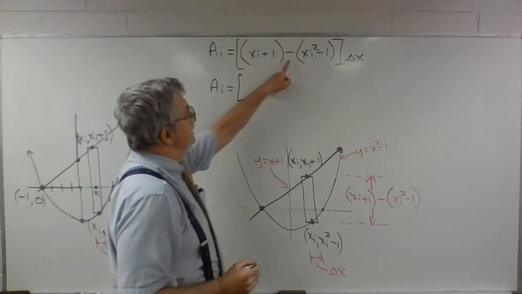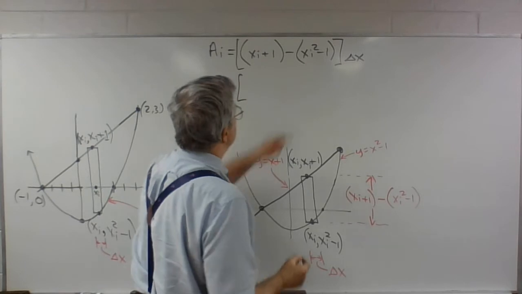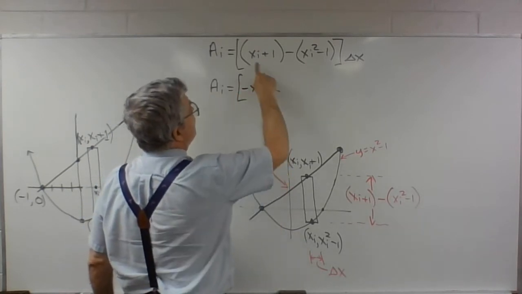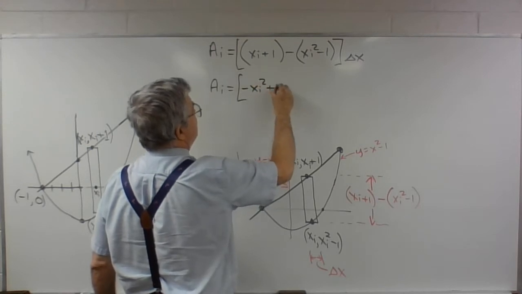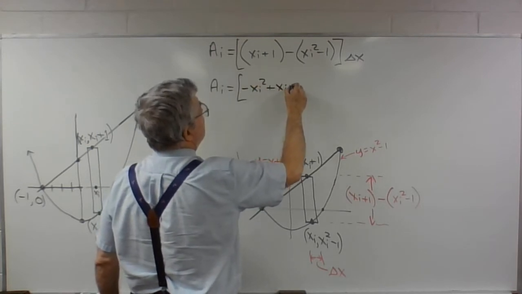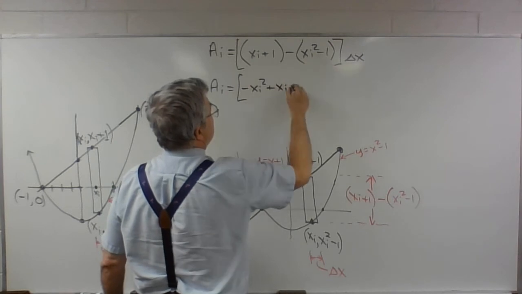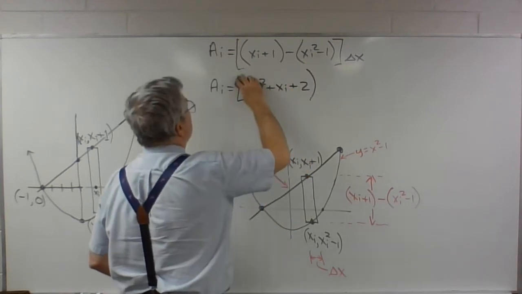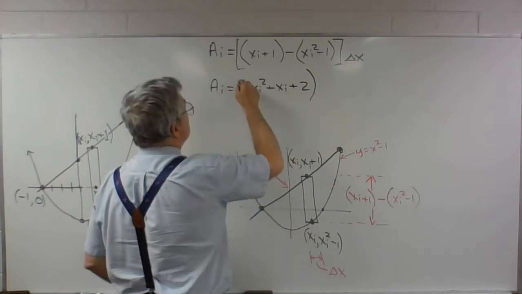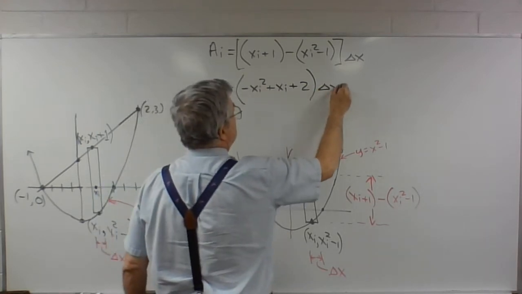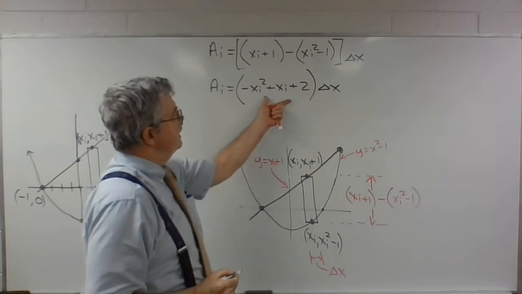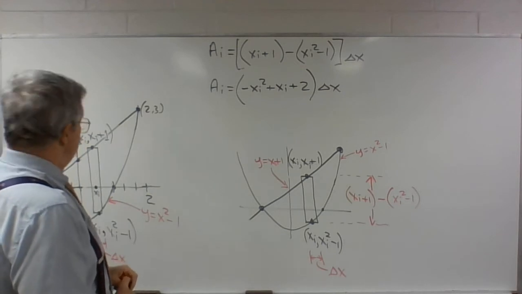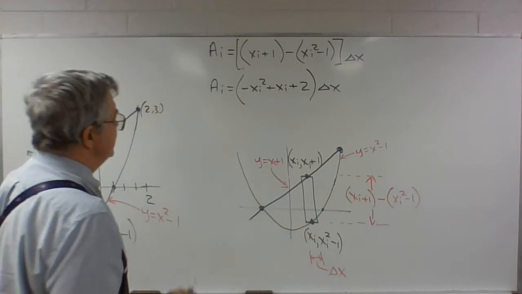And let's see, what do we have? Negative x sub i squared plus x sub i, 1 minus a negative 1 is plus 2, times delta x, the height times the width. And now I think we're ready for the next step.